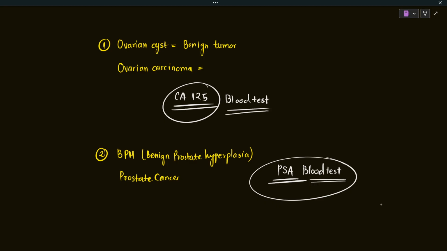We can do the ultrasound plus the CA125 blood test plus the other antigens. We can also test the urine, so that we will have fewer chances of false positive and false negative cases, and the chances of the diagnosis being correct can be increased, and that can lead to saving a life.